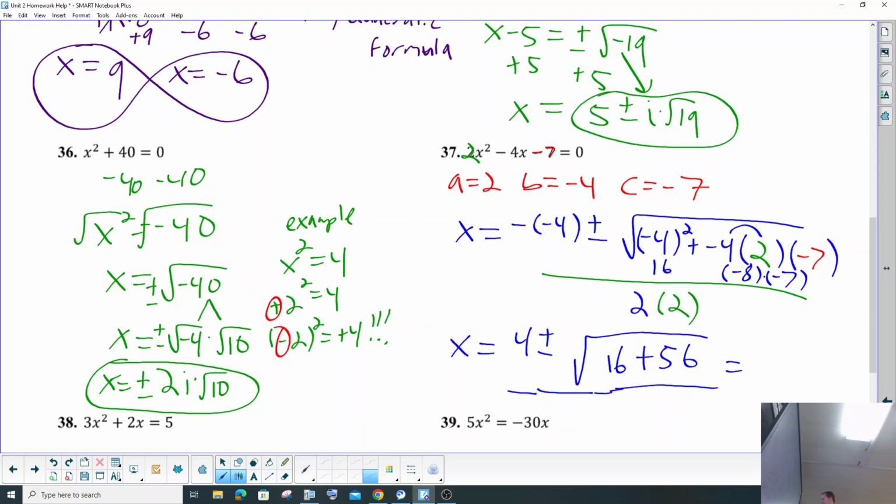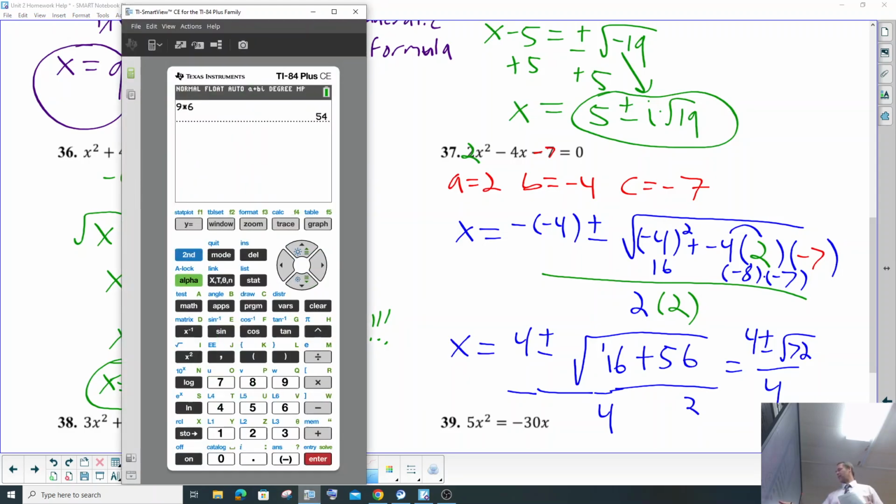So that's actually supposed to be 72: 6 and 6 is 12, carry the 1, 5, 6, 72. So we get 4 plus or minus the square root of 72 all over 4. 72 does break down to 9 times 8. What else does it break down into? 16? No, that's not a factor.